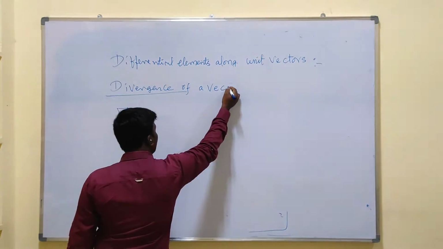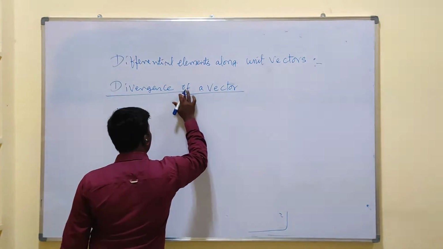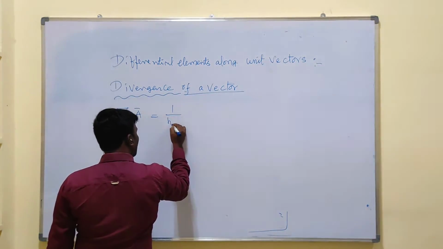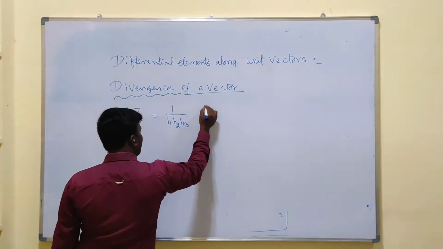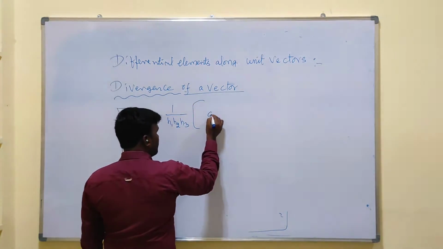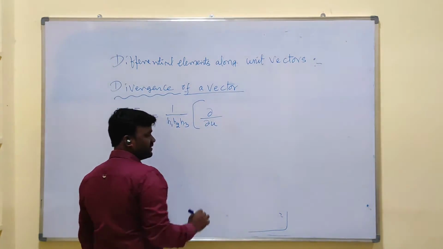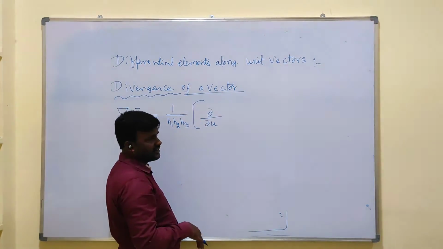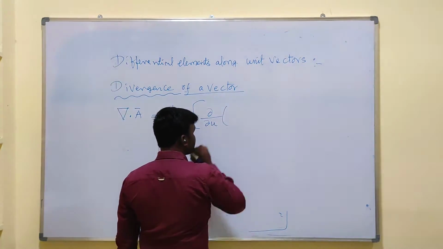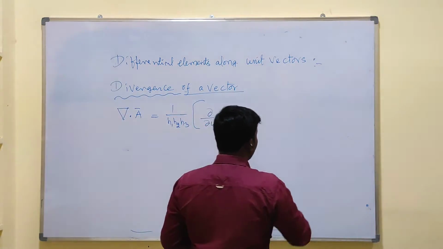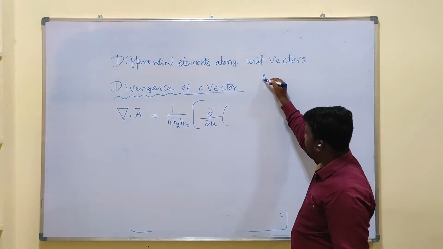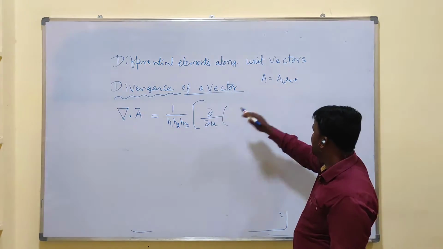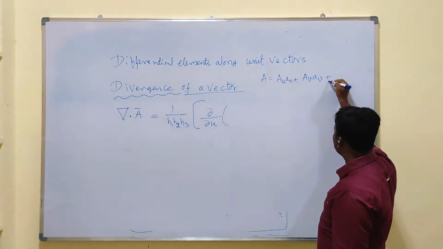The divergence of a vector is nothing but del dot A is equal to 1 by h1 h2 h3 into, first element, as in the previous case u, second element v, third element w, here also take like that only, dou by dou u of h2 h3 times A u. We know the vector representation. Basically, a vector is represented as A u a u, and for this case, u, v, w, plus A v a v plus A w a w.